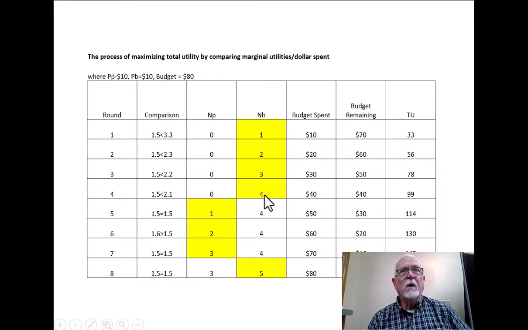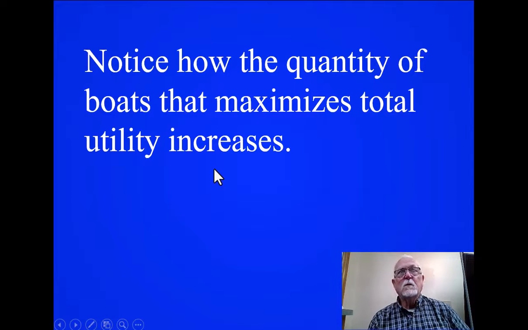We purchase more boats. Well, that kind of makes sense, doesn't it? Because at a lower price, the marginal utility per dollar spent, that ratio is going to be higher with the denominator being lower for boats. And so notice how that changes. So notice that the quantity of boats that maximizes total utilities increases when the price of boats goes down.